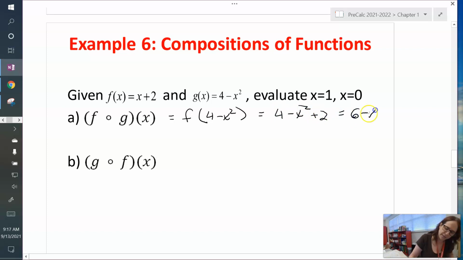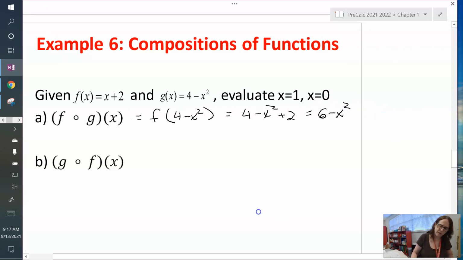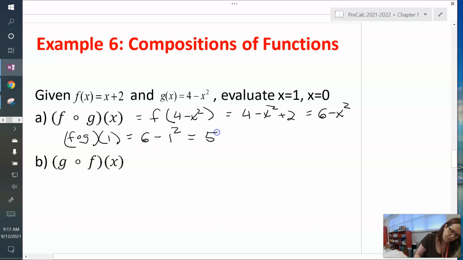I get a 6 minus x squared. So then f of g of 1 is going to be 6 minus 1 squared equals 5. And then f of g of 0 is going to be 6 minus 0 squared equals 6.